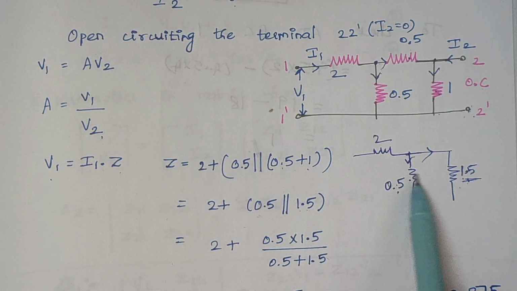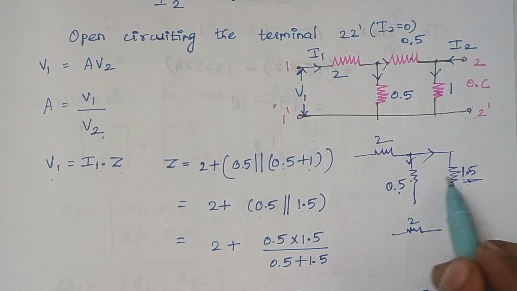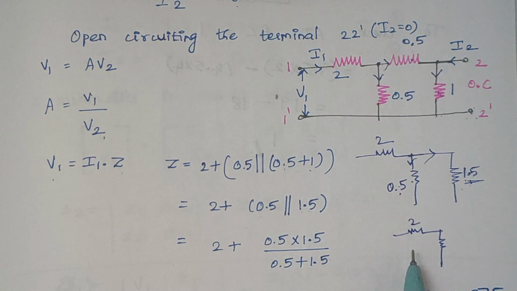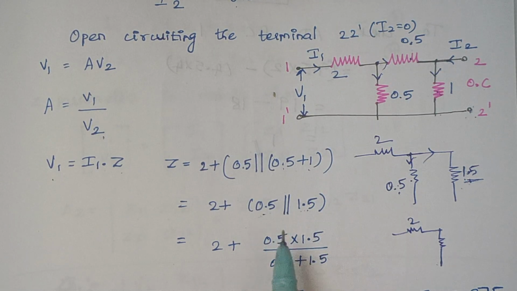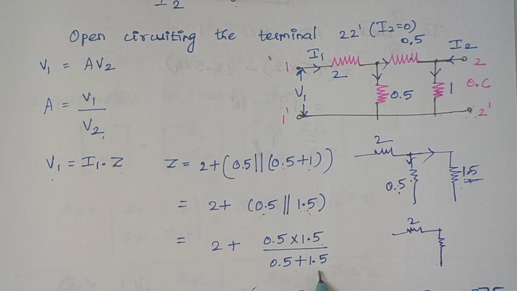And again, when you solve this combination, you will have 2 ohm here, and these two resistors will combine and form a single resistor. So finally, these two resistors will be connected in series. So here first we solve this combination. So 0.5 parallel with 1.5. So 0.5 into 1.5 divided by 0.5 plus 1.5.